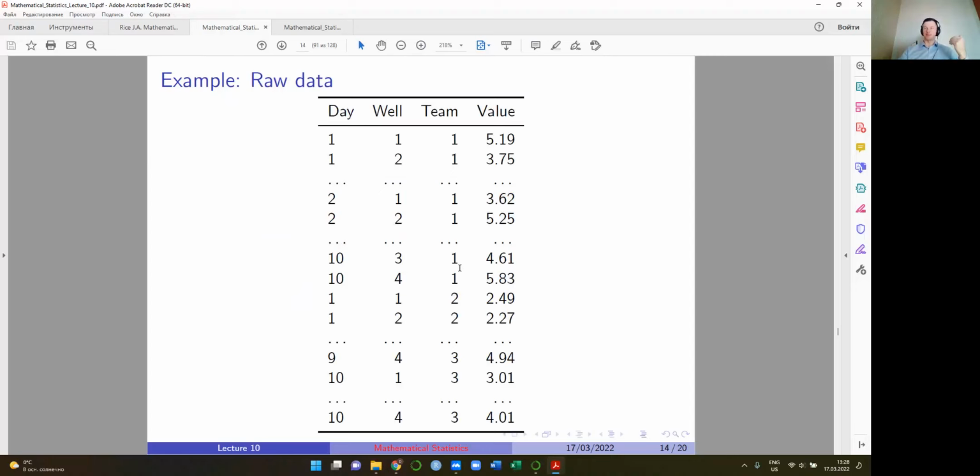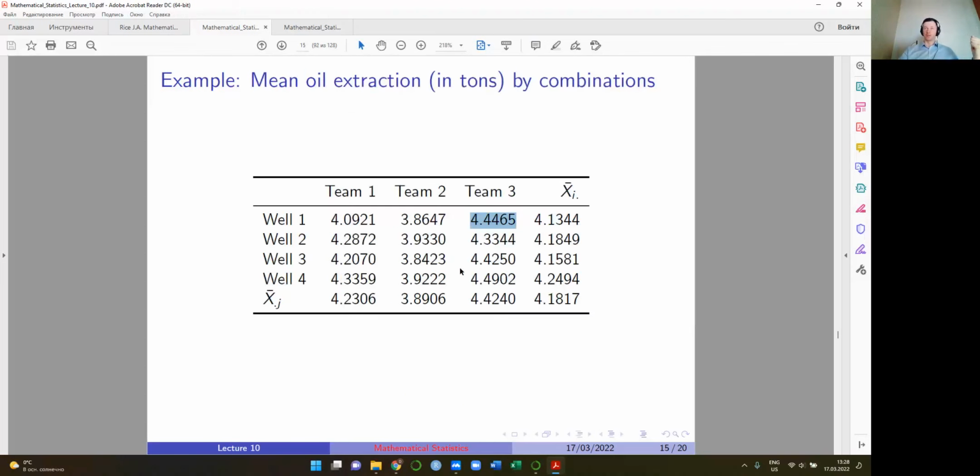And this is another task when you do data analysis: to represent the data in the most convenient way for the user to understand what's going on. So when we look at this, what can we find out? First of all, there is probably something wrong with team number 2, because the production of all wells falls when team number 2 is there.